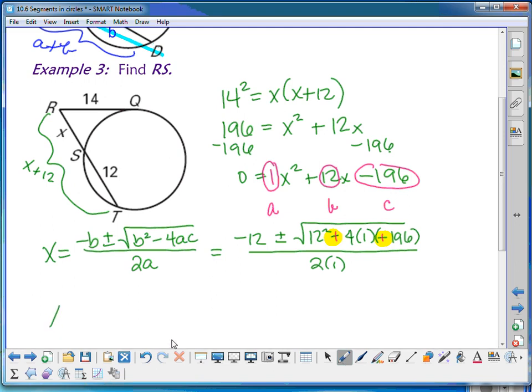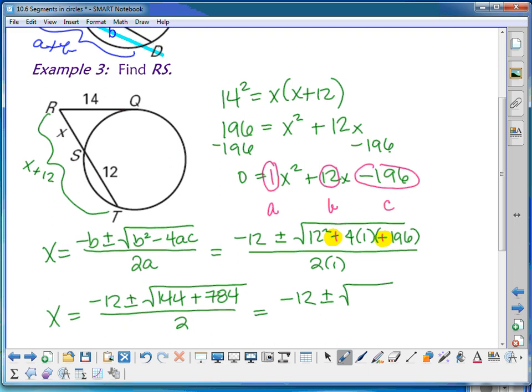So now I have x is equal to negative 12 plus or minus the square root of 12 squared, which is 144, and then 4 times 196 is 784, and that's all over 2. And so that's going to equal negative 12 plus or minus the square root of 928 over 2.